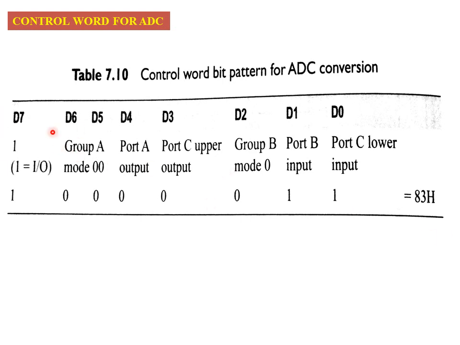Now D7 bit 1 indicates IO mode operation. Now D6, D5 use mode 00, nothing but simple IO mode operation. Now D4 selects port A bit direction as output. We observed from the previous slide, port A bits A0, A1, A2, A3, A4, A5 are all output bits, and they are connected to the ADC input bits.